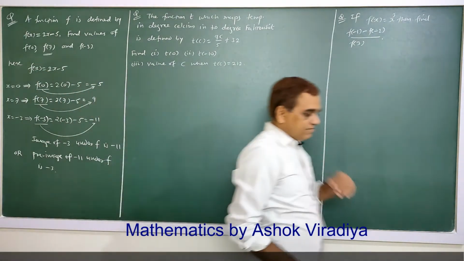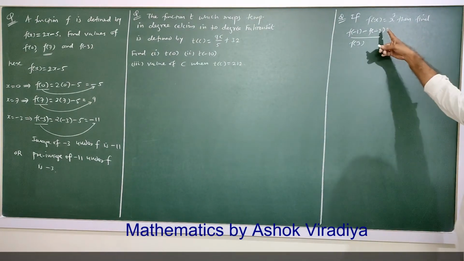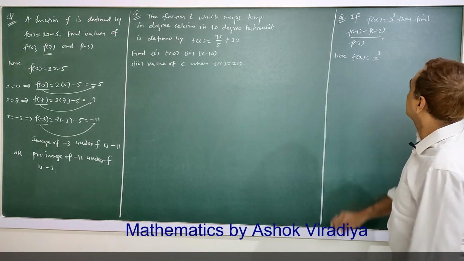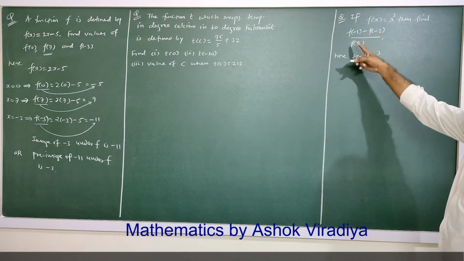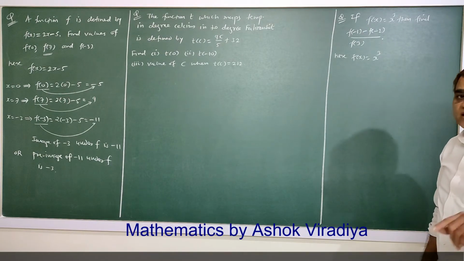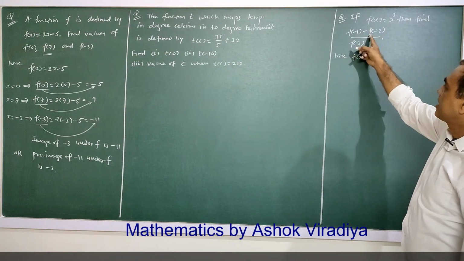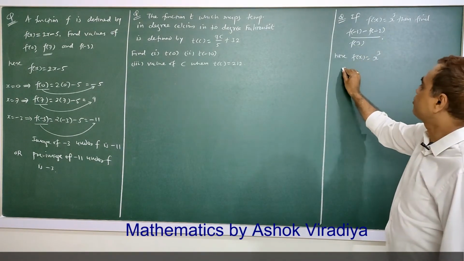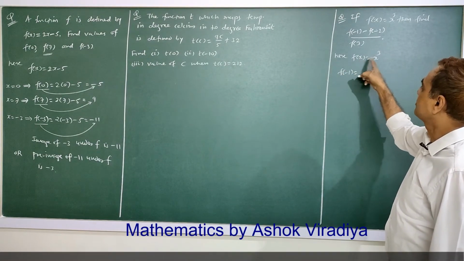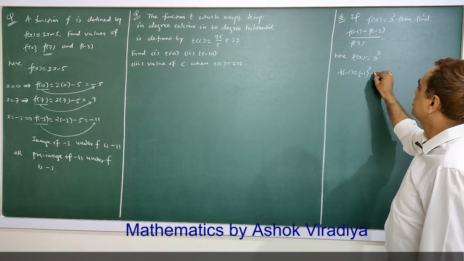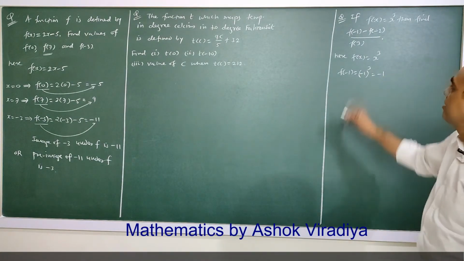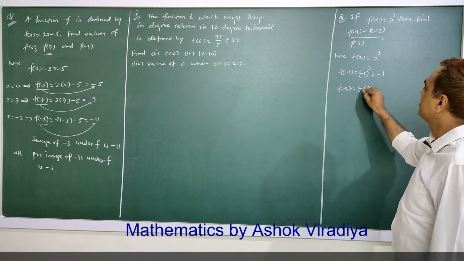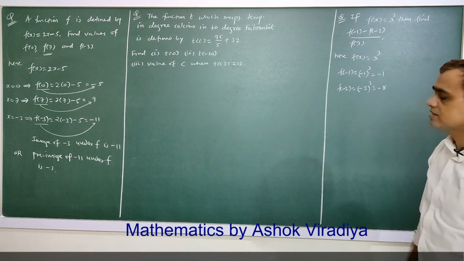Now say in this question, f(x) is x cube. We want to find the value of this expression, which contains f of minus 1, f of minus 2, f of 3. Putting x equal to minus 1, minus 1 cube is minus 1. Putting minus 2, f of minus 2 is minus 2 cube, which is minus 8.